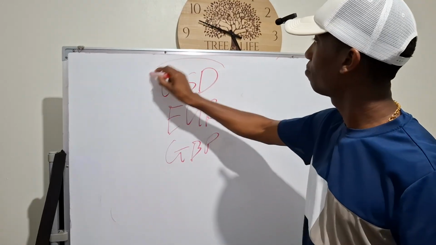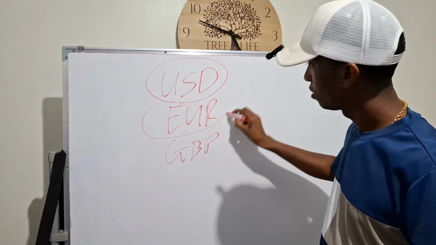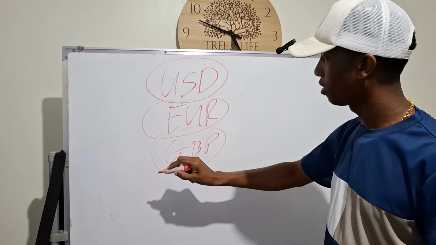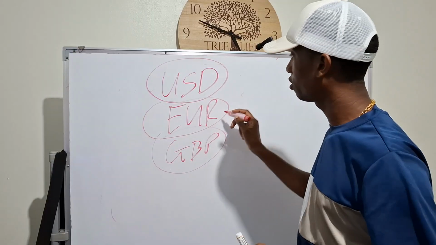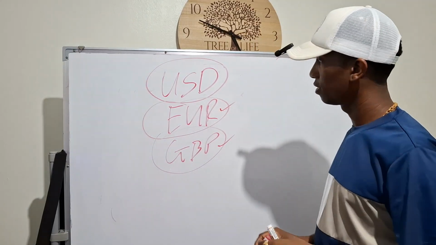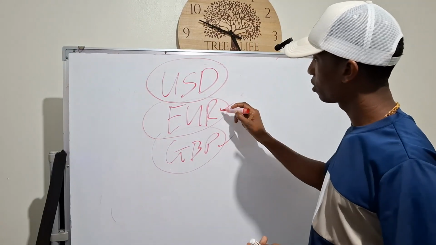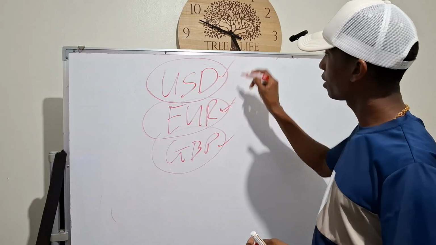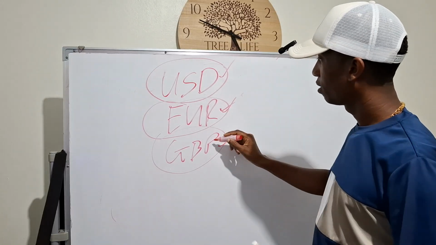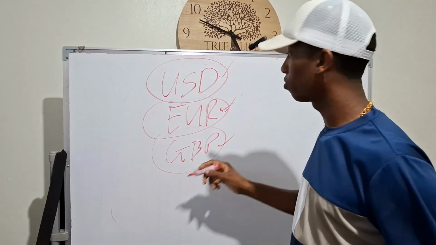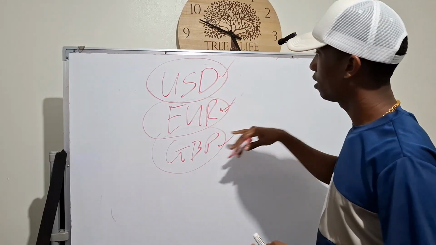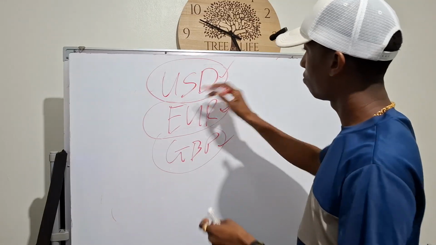We're just taking pairs from different sectors, different categories. So if a news event comes out and shifts the USD pairs, it won't shift these and these. If Euro news comes out and shifts Euro, it may not affect these and these in any significant way. Nice. If pound news comes out, it wouldn't shift the whole market in that type of way. So that's why we gotta diversify.